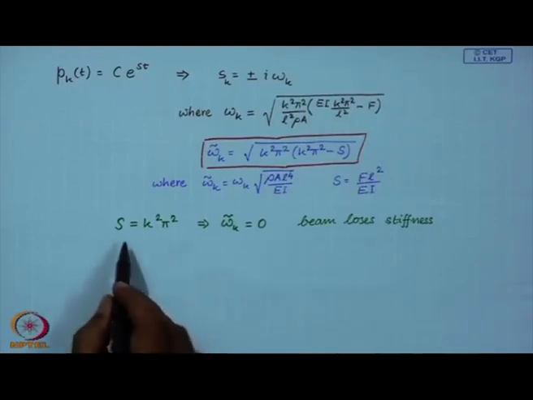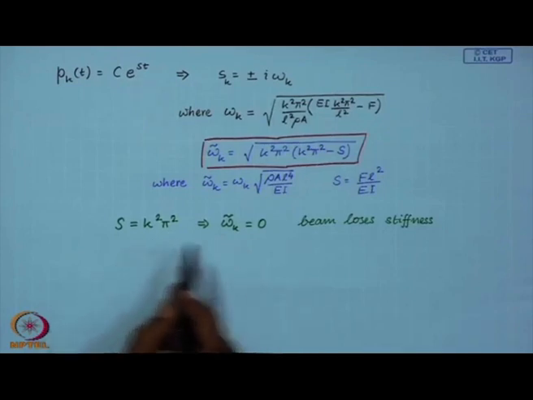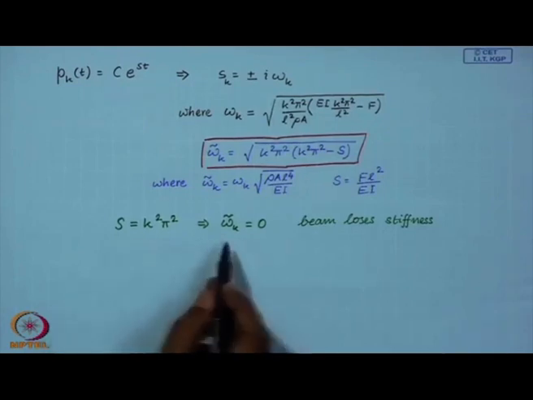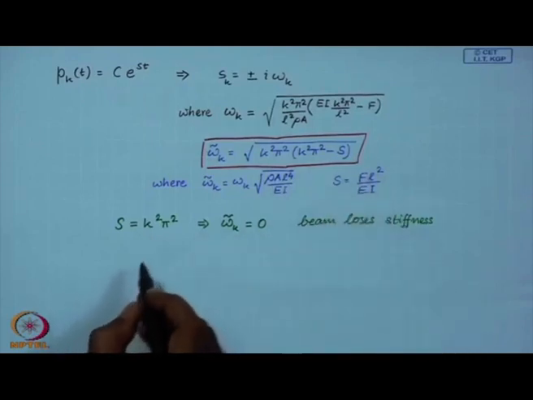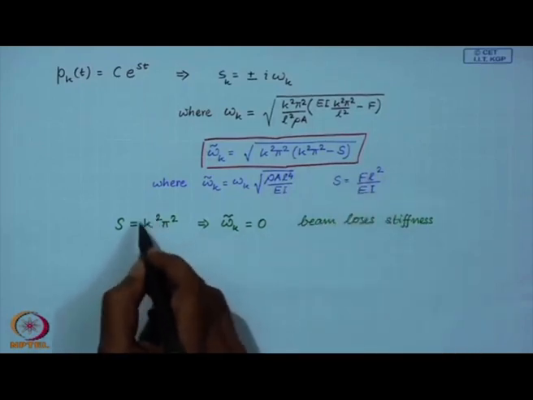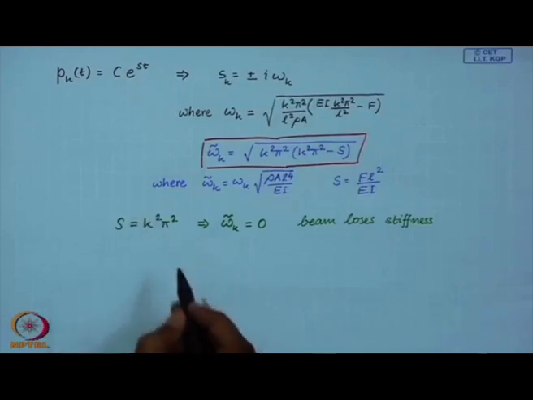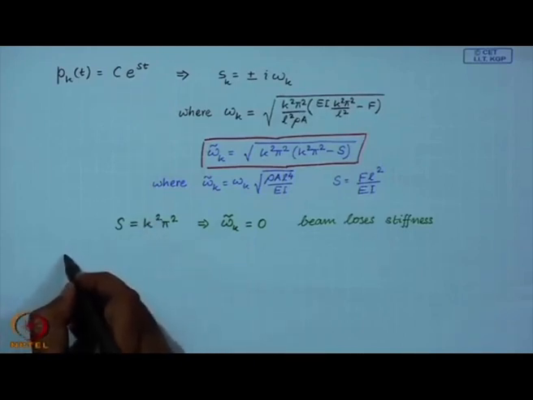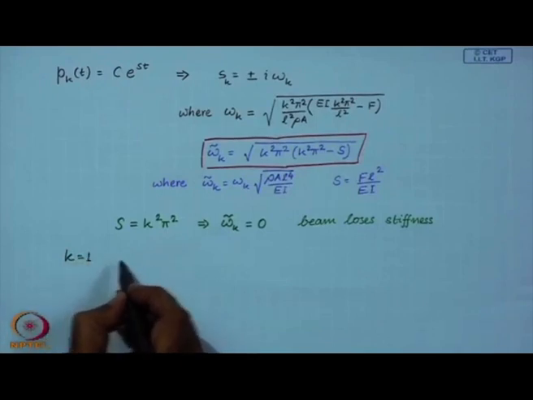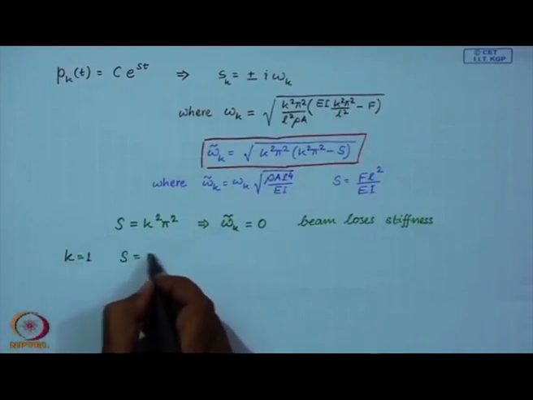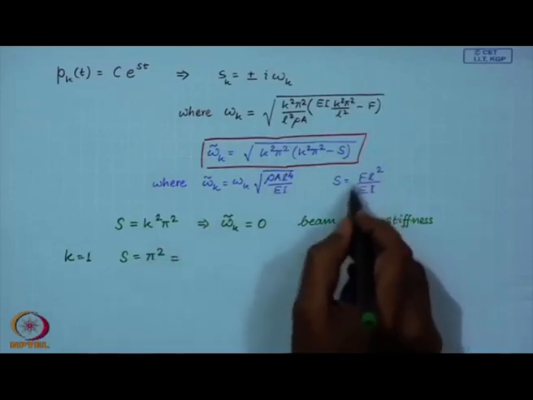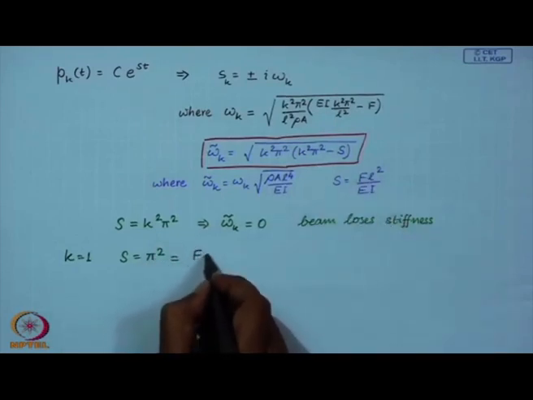Now, if you substitute here for the lowest mode, when k is 1, then S is pi square, and from here we know that it is F L square over the bending stiffness.